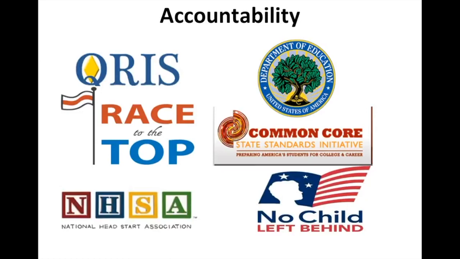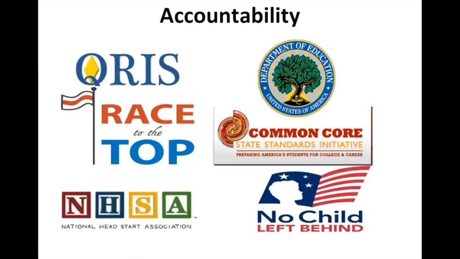And so regardless of where the pressure comes from, whether it be a federal agency, a state agency, or even just stakeholders in terms of taxpayers, we do live in an age of accountability where we need to make sure that we are meeting the standards set forth, that we are giving every child and every family an opportunity to thrive. But again, as with program evaluation, this is quite complicated and the stakes can be quite high.